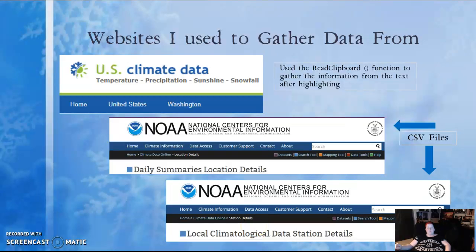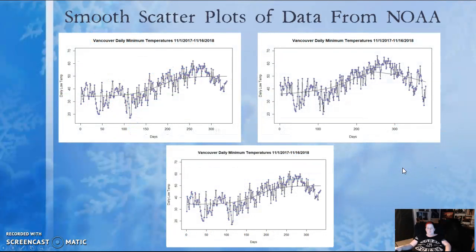And then I obtained CSV files from the National Oceanic and Atmospheric Administration using their daily summaries for locations and the local climatological data for stations located in Vancouver. I then took this data and made smooth scatter plots.